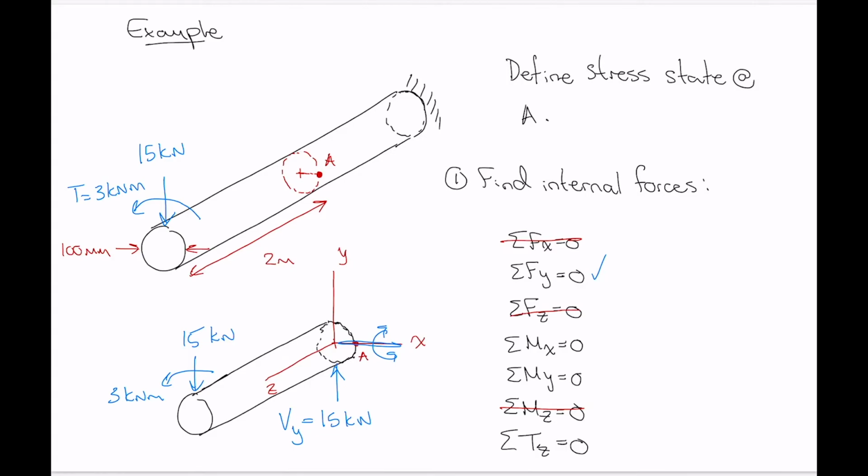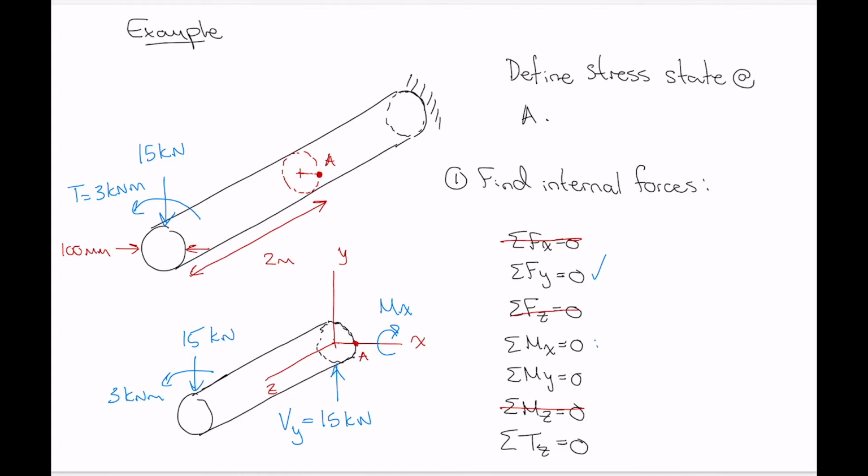We can see that the 15 kilonewton load would cause the object to rotate around the x-axis, in the counterclockwise direction looking down the x-axis. So we need an internal moment about the x-axis in the other direction. So there we go. That's our internal moment about the x-axis.